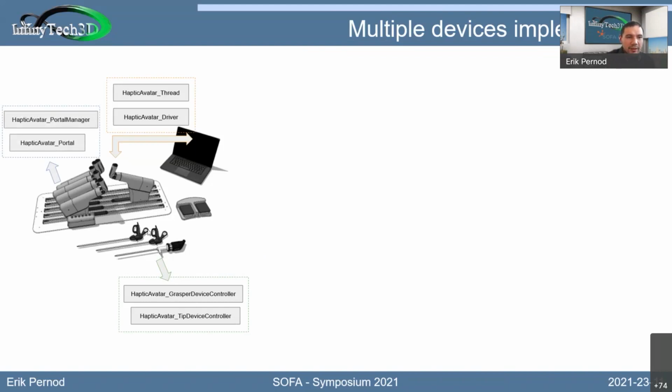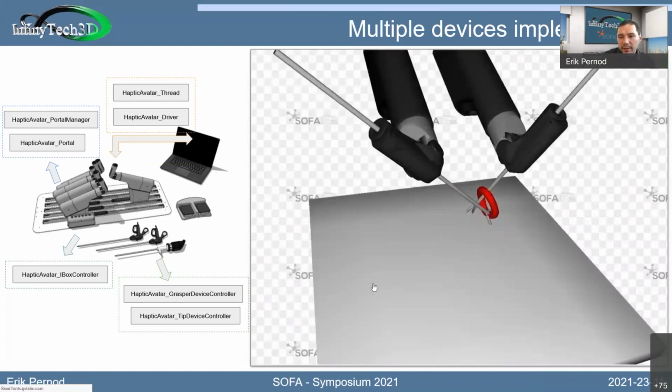Those devices are connected to what we call a portal manager, where you can set up the disposition of the different tools. And so each portal will define its own position and orientation. And if you are using some grasper, for example, there is also what is called an iBox controller, which is in charge of handling the force feedback inside the grasper.